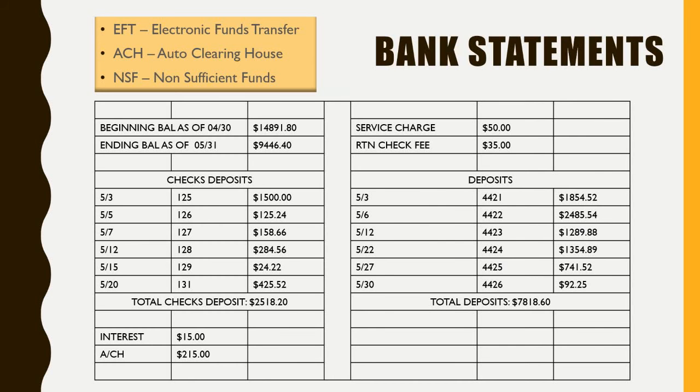Now, because we know in our books, we could say, I paid for this, I paid for that, I deposited this, I deposited that. But in reality, the bank has to clear that and give you the okay to be able to say, yes, you were able to do it, okay?